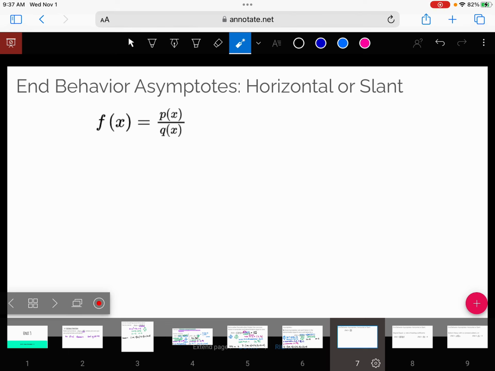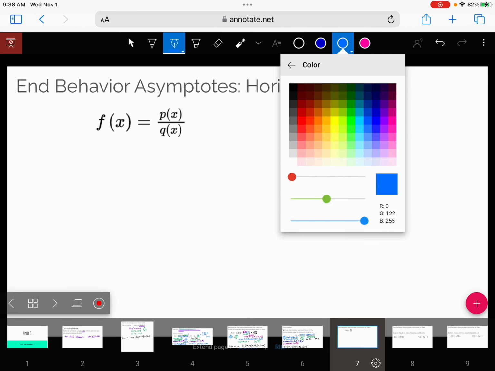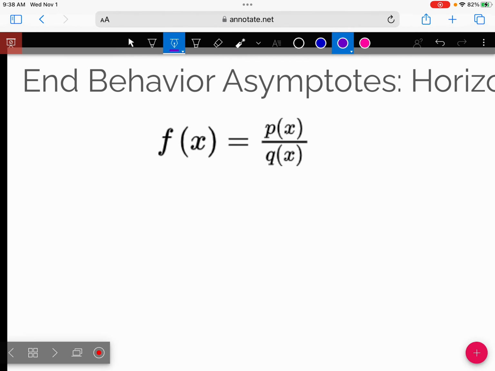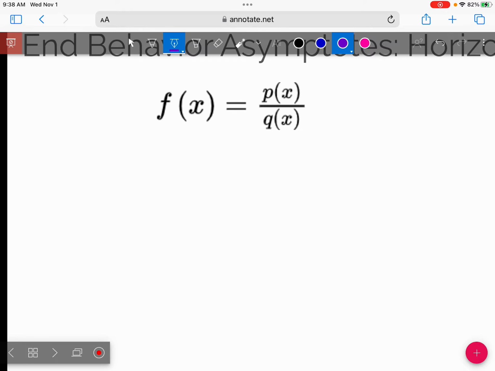So our options are going to be based on what difference in degrees we have. So we're going to think about P of x and Q of x, P of x being our numerator, Q of x is our denominator. Remember, our degree is our biggest exponent.